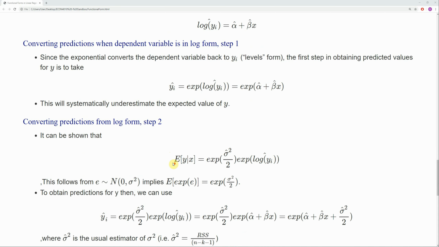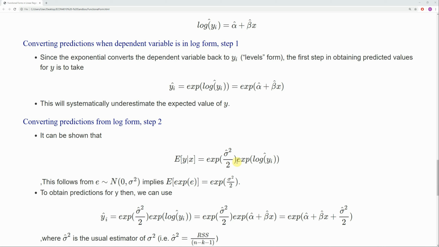We can show that the expected value of y given x is not just the exponential function of log of yi hat, but it also needs to be multiplied by a correction term. This correction term is basically the exponential of sigma hat squared divided by 2.